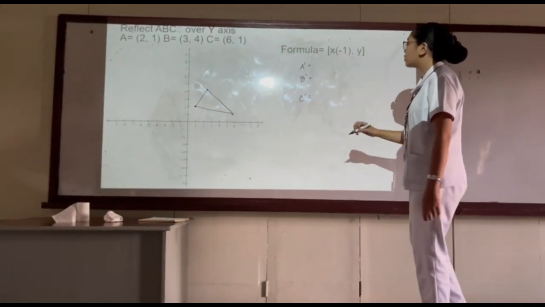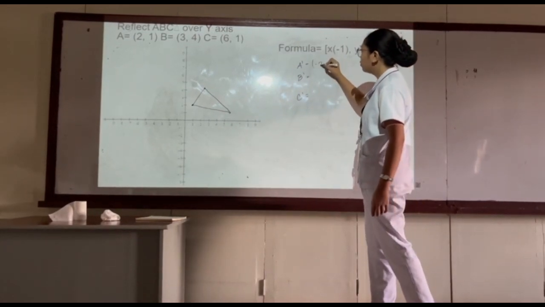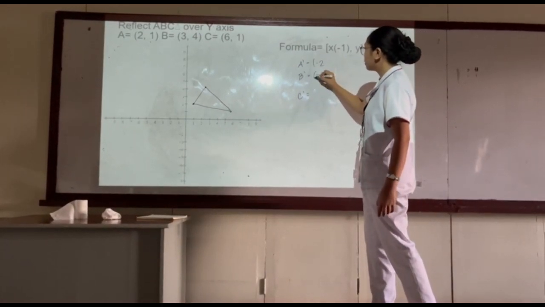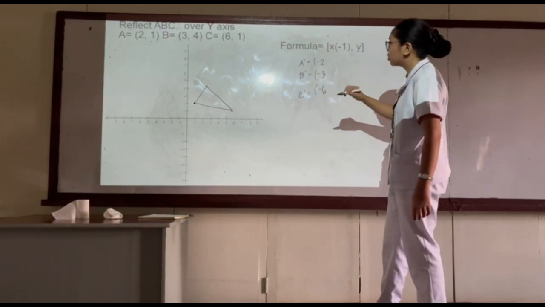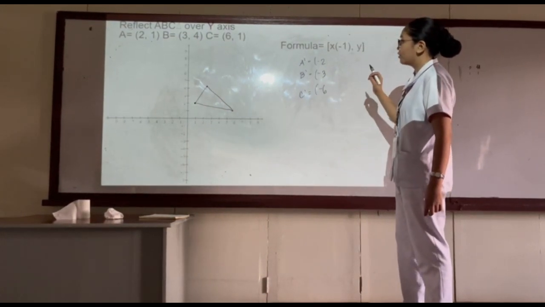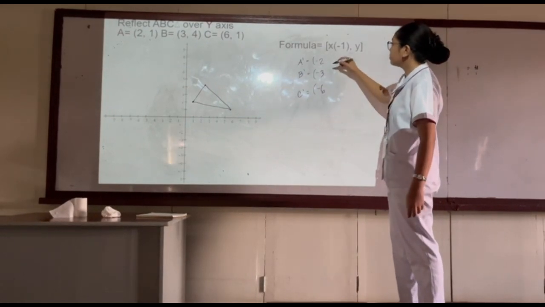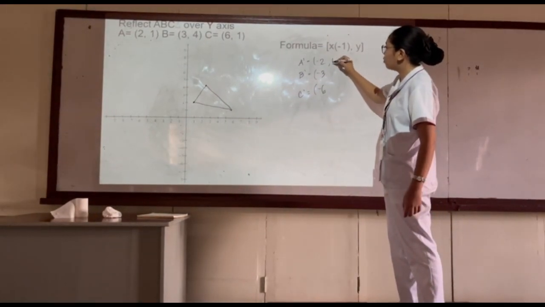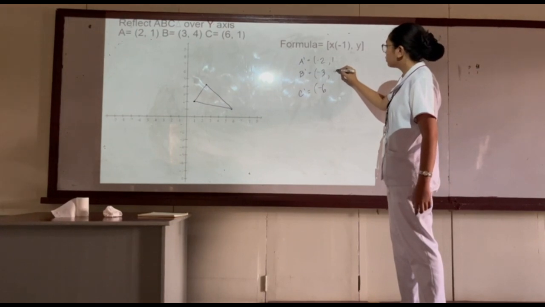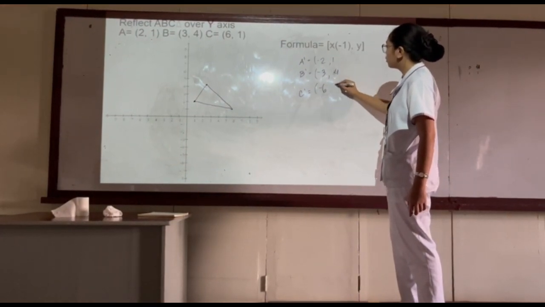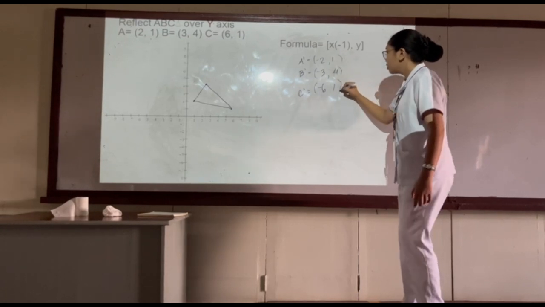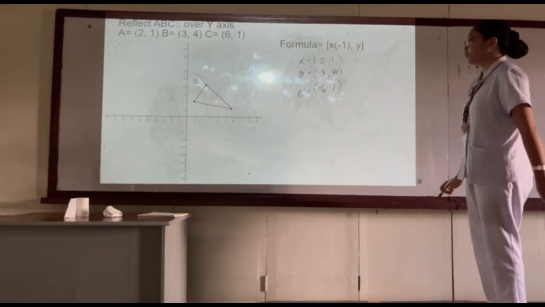Negative 2 times 1 is negative 2. Negative 3 times 1 is negative 3. Negative 6 times 1 is negative 6. And just copy the y values, 1, 4, 1. So now we have our new coordinates.